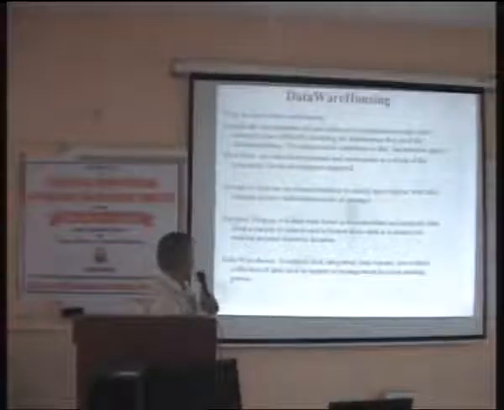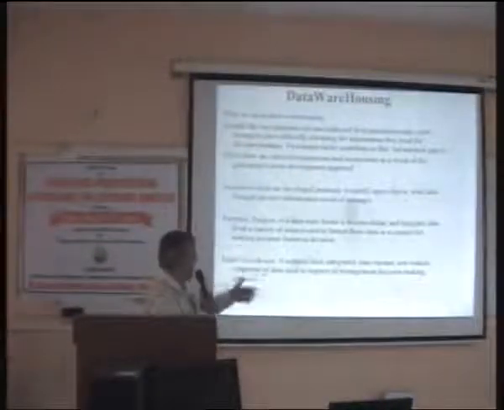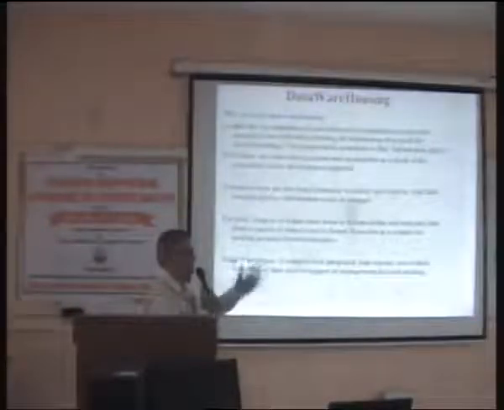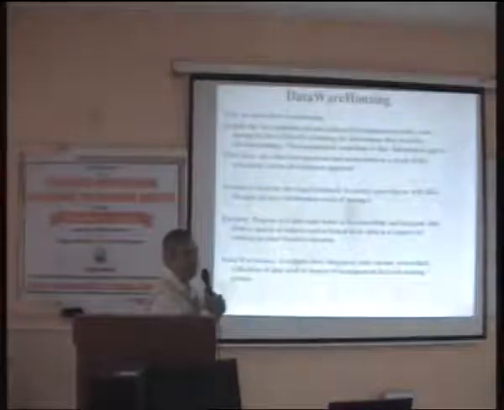Now, when we perform the operations of the organization, a lot of data is entering into our databases. So our databases are ready. They all have structure and all the data is there, but the variation of the data is a big problem.